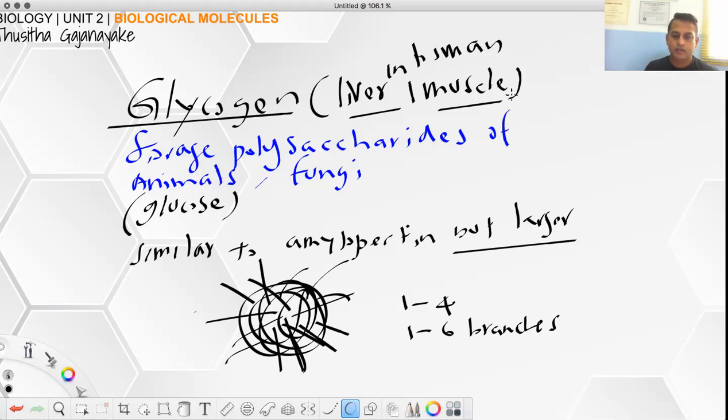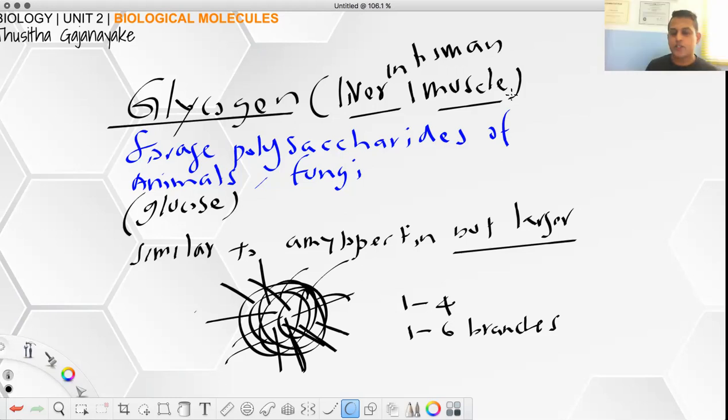Okay, next is cellulose. Glycogen, starch and cellulose are the three important polysaccharides. So for each group, monosaccharide, disaccharide and polysaccharide, you have to remember the three important carbohydrates.